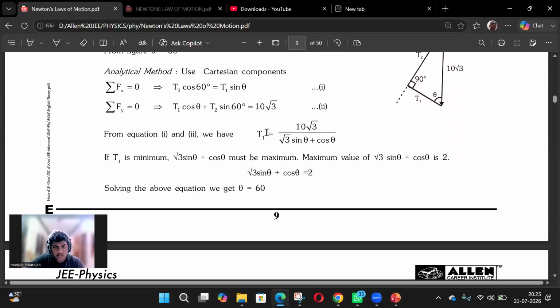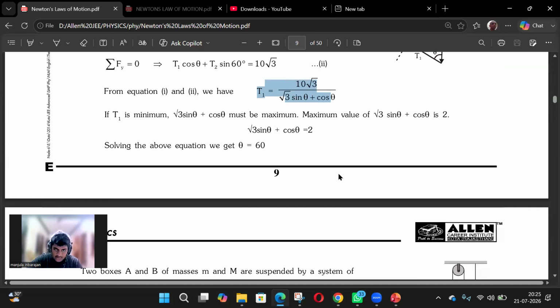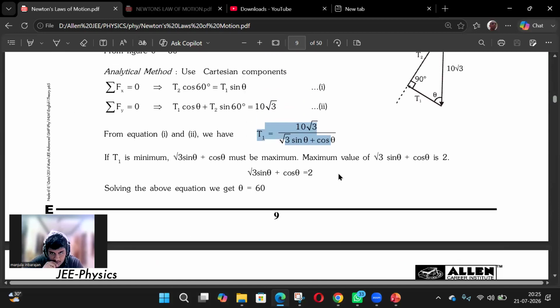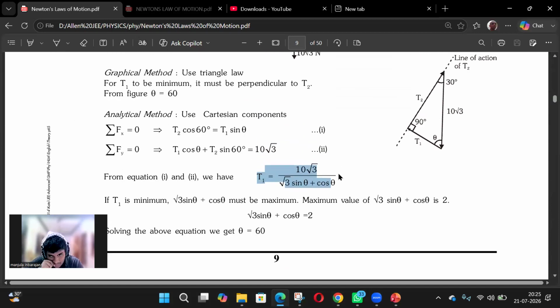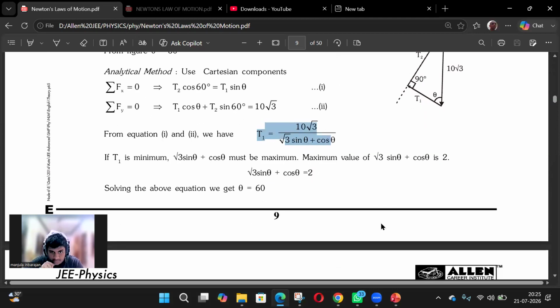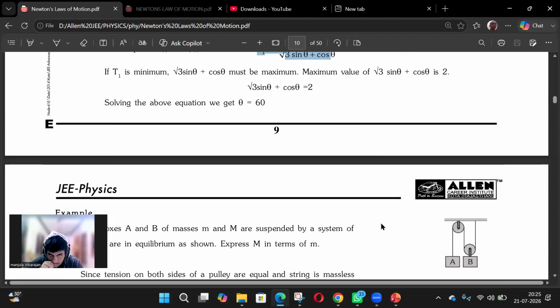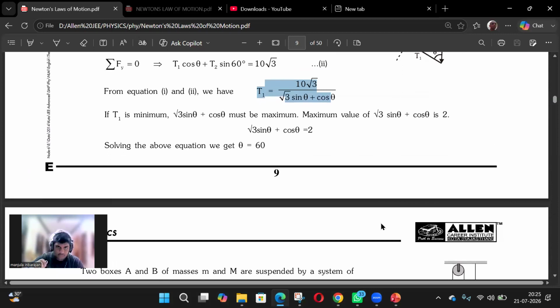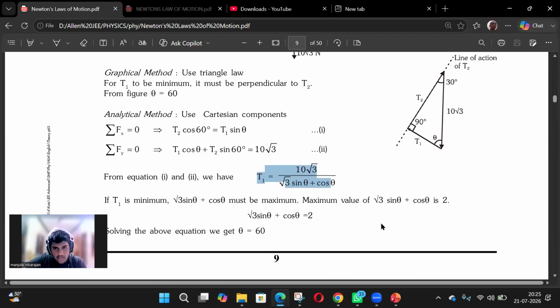This is the expression for T1. Theta I got 60, but I used a different method.